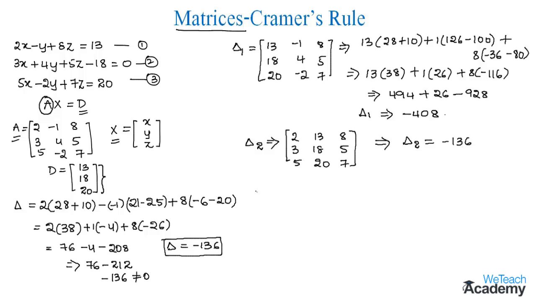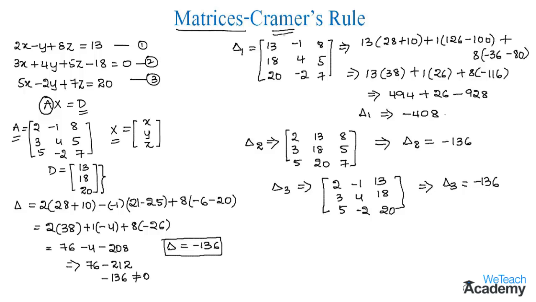Similarly, we need to find delta 3. By replacing the third column, we get the matrix as 2, minus 1, 13, and the next row will be 3, 4, and 18, and at the last we get 5, minus 2, and 20. The value of the determinant of this matrix, delta 3, is equal to minus 136.